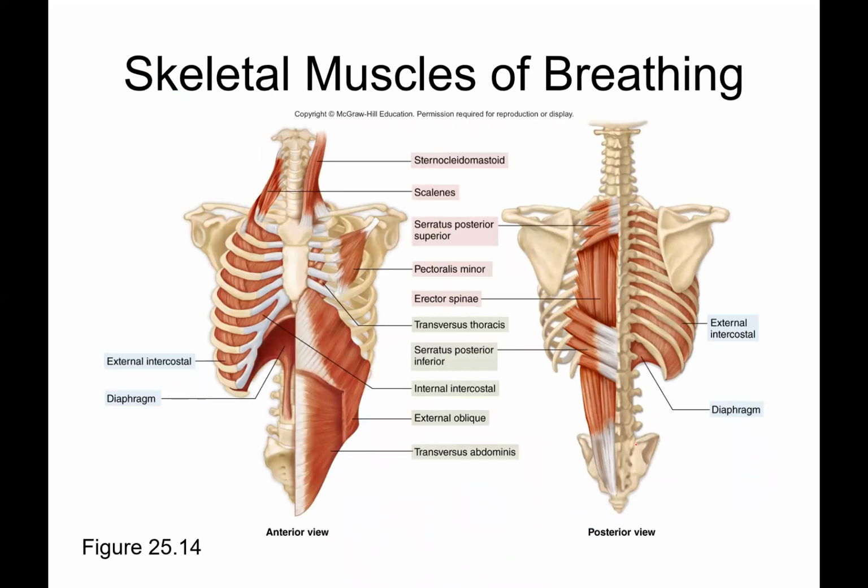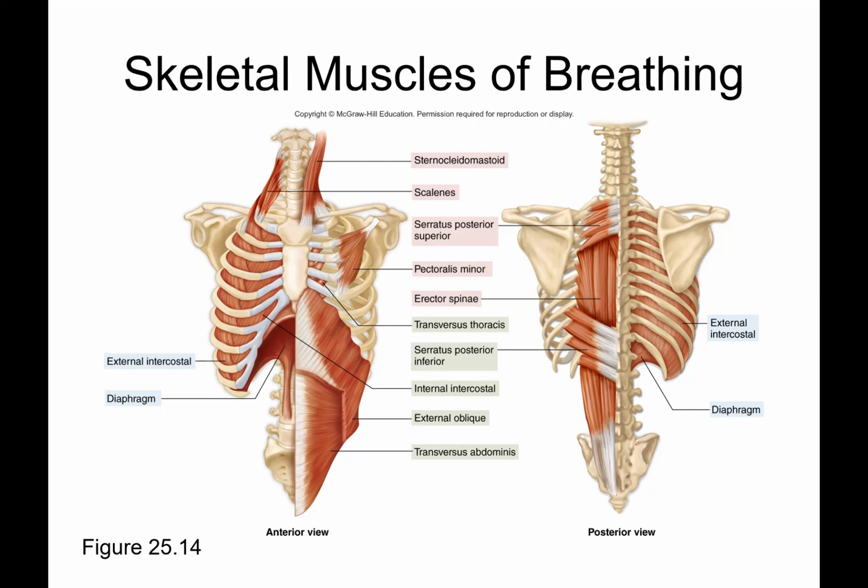All right, the muscles that we use for breathing. Let me say it this way first. You basically have two types of muscles for breathing. We'll keep it simple at first, and here it is. You have your normal breathing muscles, and this is regulated by the autonomic nervous system.